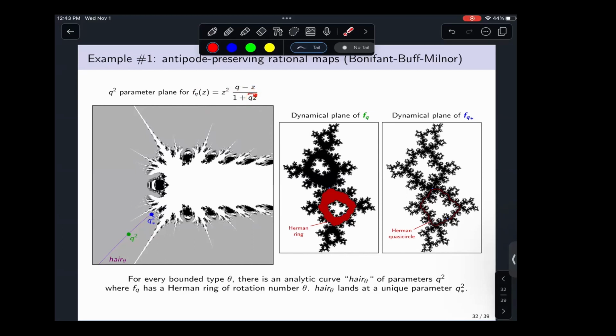This is real analytic. The parameter space picture looks like this. So this is not quite a Q parameter space, but rather the Q squared parameter space. And the reason is F_Q is actually conjugate to F_{-Q}. It's linearly conjugate. So to take into account the Q and minus Q, you just take the square.